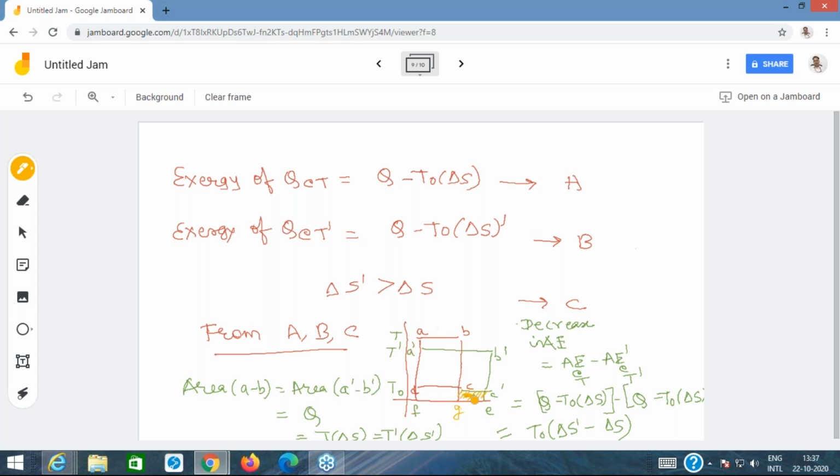Is this clear, Gunjan? Gautami? Gunjan, Gautami, is this clear? Okay, thank you. So, apart from the usual students, anybody who has not understood this, if you understood, I would go to the next topic.